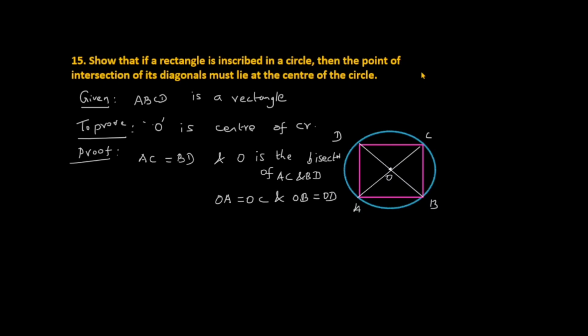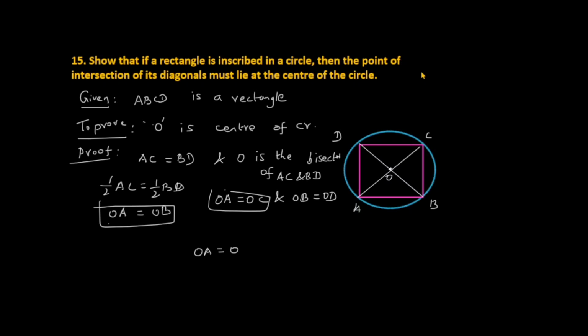Since AC is equal to BD, half of AC is equal to half of BD. So OA is equal to OB. Already I have OA is equal to OC. So OA is equal to OB is equal to OC is equal to OD. All four lengths are equal.